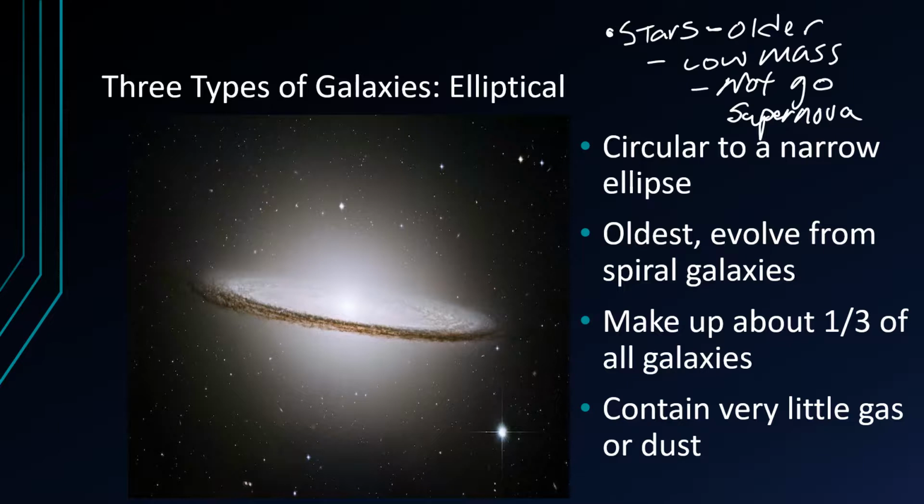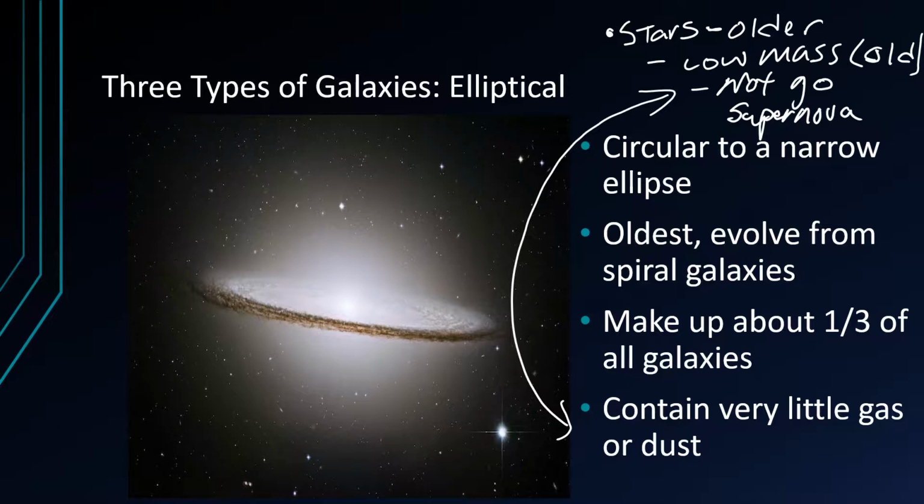These low mass stars tend to not go supernova, and they also live a lot longer. And so these stars not going supernova means that these galaxies are going to contain very little dust or gas because it's all being used up.